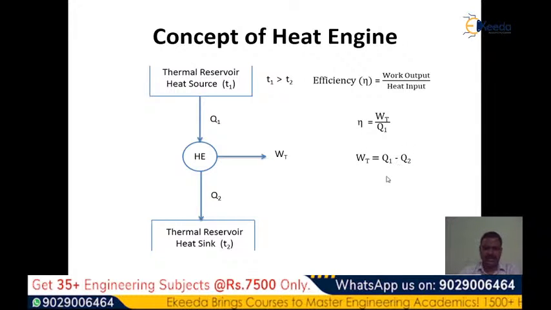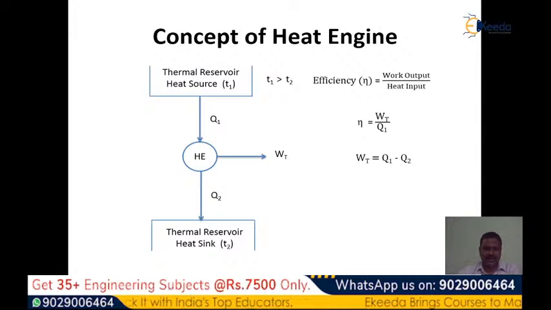Then in the next step, WT is equal to Q1 minus Q2. If we apply energy balance on this heat engine, the sum of all heat or work that is entering is equal to the sum of all energies which are going out. Sum of all energy entering is equal to sum of all energy leaving. So Q1 is equal to Q2 plus WT.